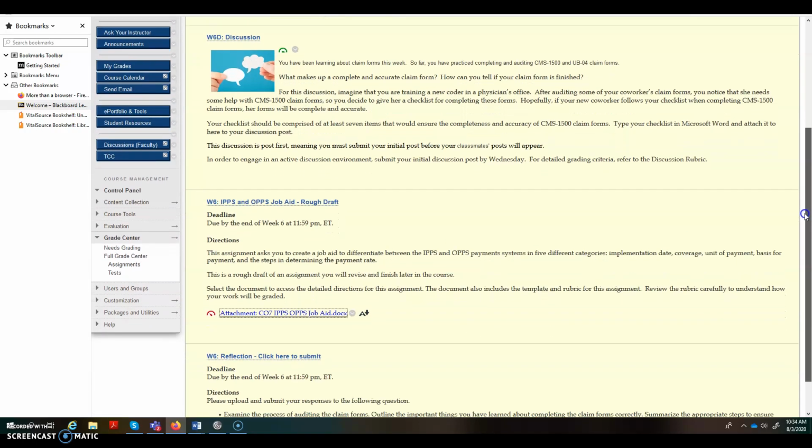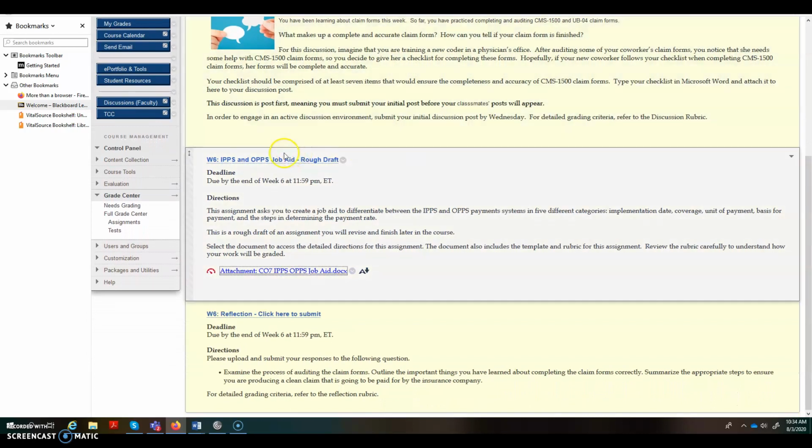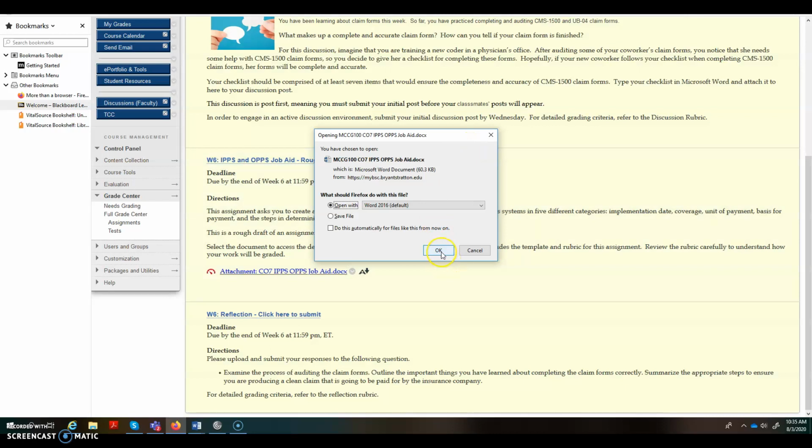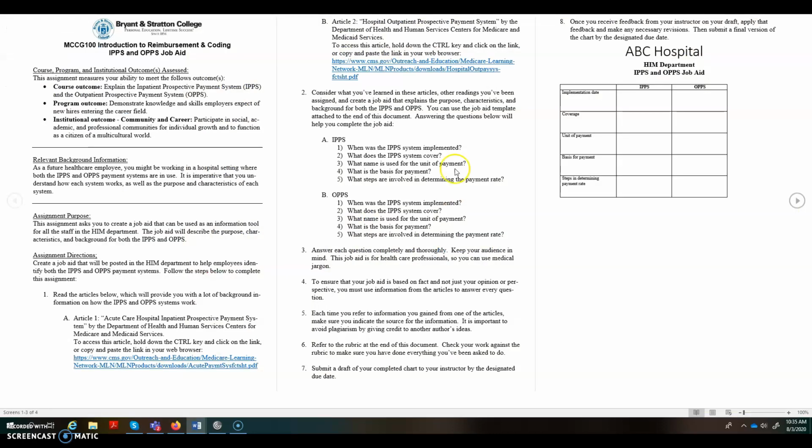The next thing is the IPPS and OPPS Job Aid. I'm going to open this up and go through a couple things. So I'm just going to skip to A and B. When was the IPPS system implemented? And this should say OPPS, but what this first question is looking for is an actual date of when these were implemented.